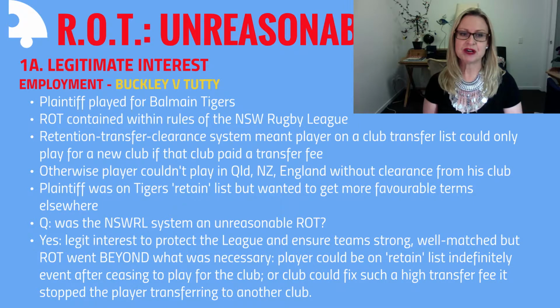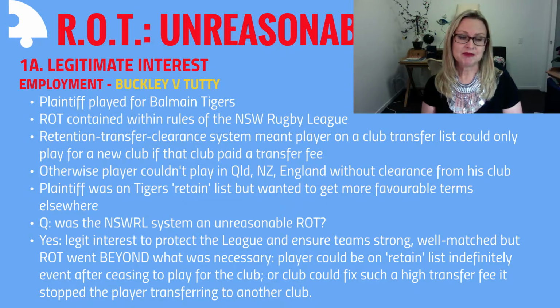There was a retention transfer clearance system, and that unfortunately meant that a player on a club transfer list could only play for a new club if the new club paid a transfer fee. Now, if they didn't, a player couldn't play in Queensland, New Zealand or England, the big three, without clearance from their club. And here the plaintiff was on the Tigers' retained list but wanted to get favourable terms elsewhere.